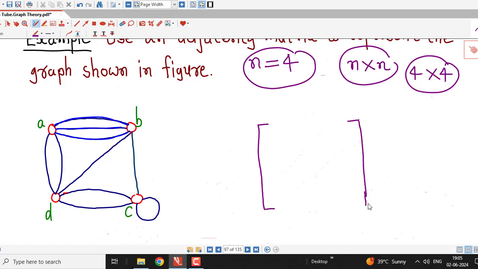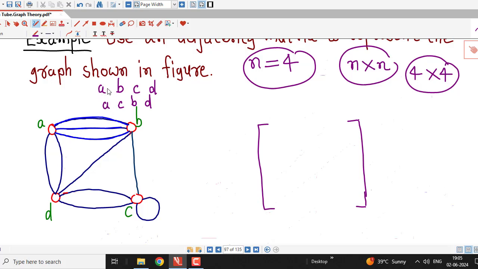For that, first we have to give these vertices a particular order. We have to list the vertices in a particular order. For example, we can write our vertices as A, B, C, D, or we can write them in the order A, C, B, D. So there are several orders possible.